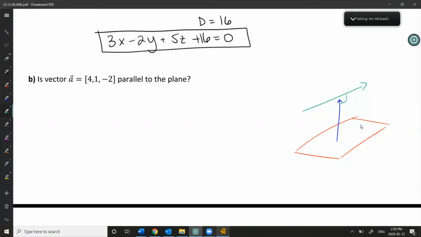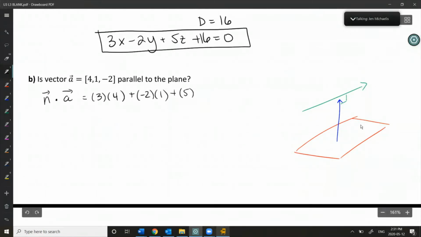So how can we check if two vectors are perpendicular? Well, I can check simply by testing if the dot product is equal to 0. So here's what I'm going to do. I'm going to see if n dot A ends up equaling 0. So we'll take the vector 3, negative 2, 5 and dot it with 4, 1, negative 2. Remember, your dot product is the products of each similar component, so the x's, the y's, the z's, and then we add them together.